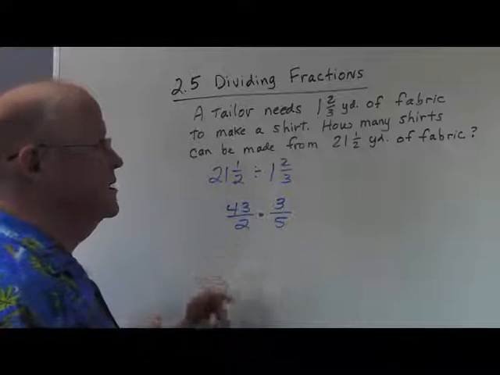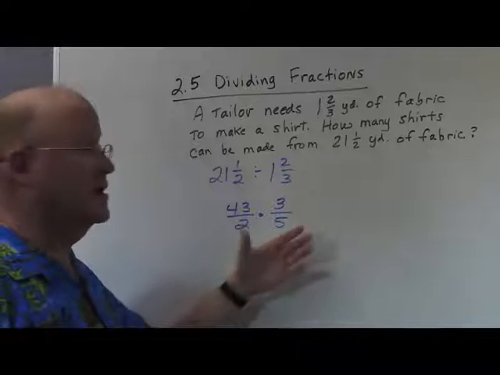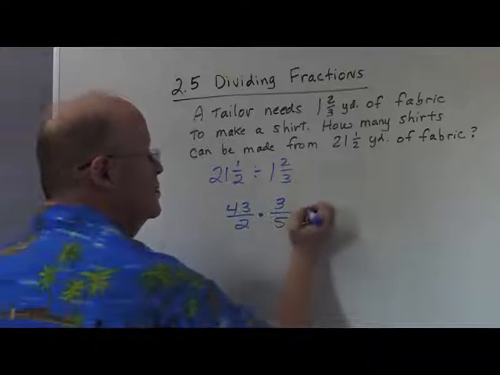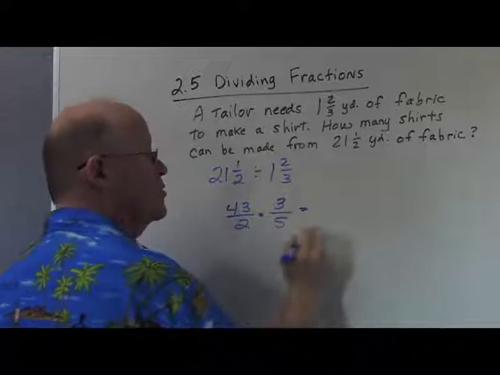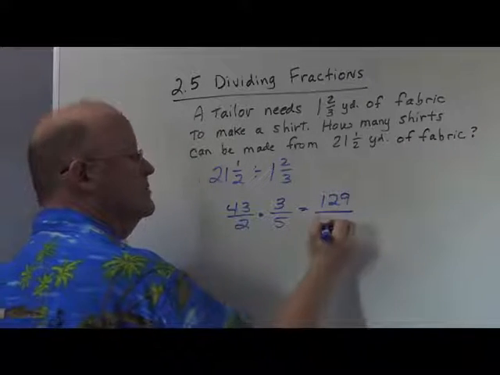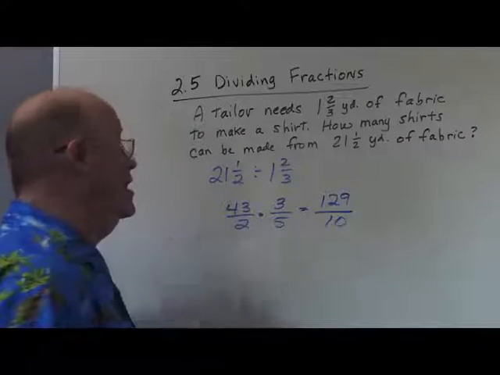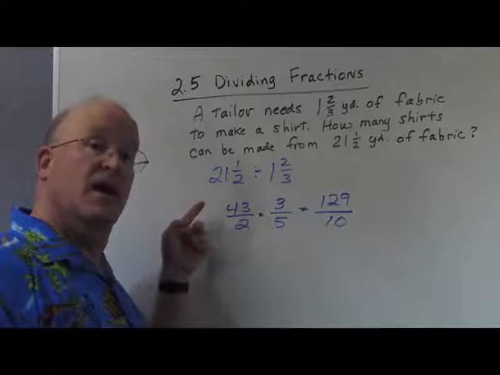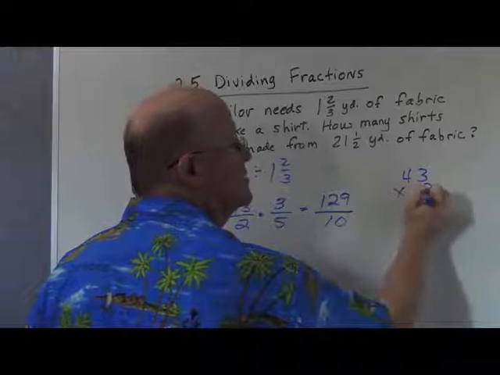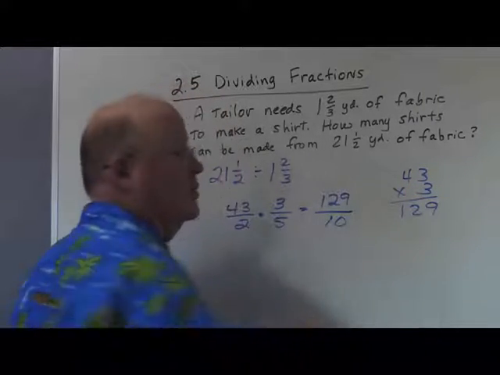Now, 3 and 2 can't cancel, 43 and 5 can't cancel, we can't cancel straight up and down. Okay, we have what we have. Multiplying across, in the numerator we're going to get 129, and in the denominator 2 times 5 is 10. I understand you might need to go off to the side to some scratch paper and go 43 times 3 and get your answer that way.